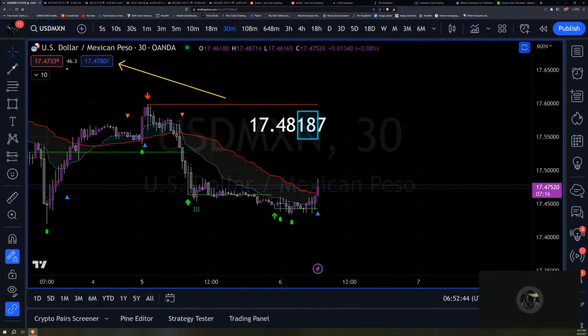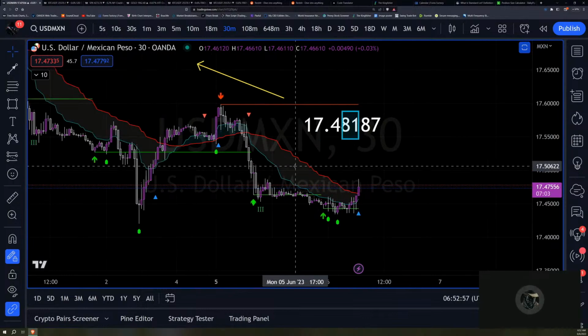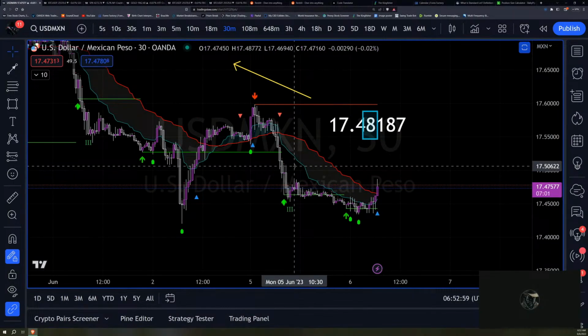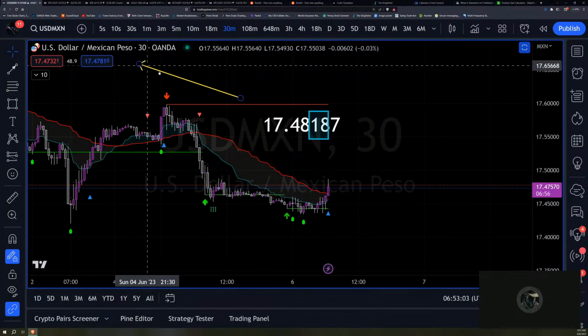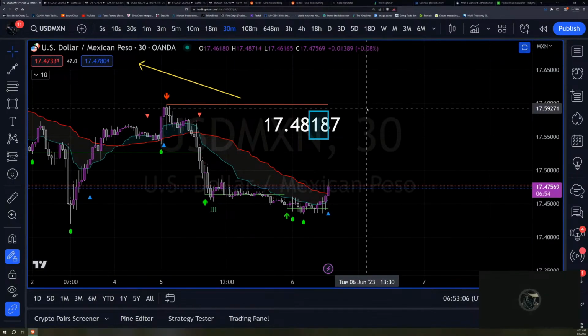Now you look here and you notice that this spread is like 45, 50 pips. So the spread is significant, but you just have to understand that if you're going to trade an illiquid pair, like any exotic, it's going to be illiquid.